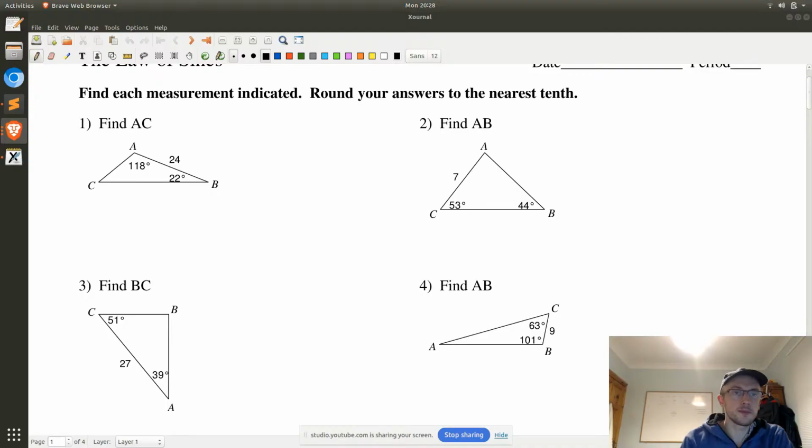Okay, we have to find the length of AC, and we have to find the missing angle C over here. So 118 plus 22 is 140, so this angle here is 40 degrees.